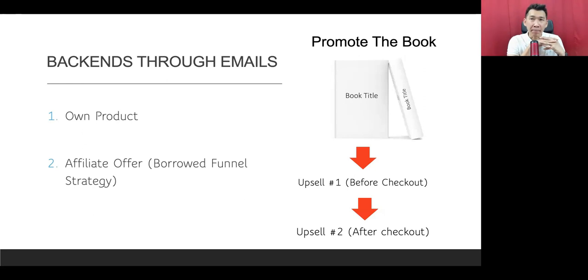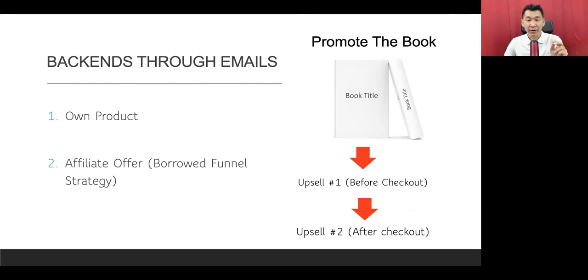Like for us, all of our courses, training, and so on eventually lead to our one-on-one personal coaching program, and that is our own product that we offer. Everything, books, courses, it all leads back to one single program, which is the newbie to expert coaching. And if you don't have your own product, then all you do is affiliate offers. We will go through this more in depth later on.